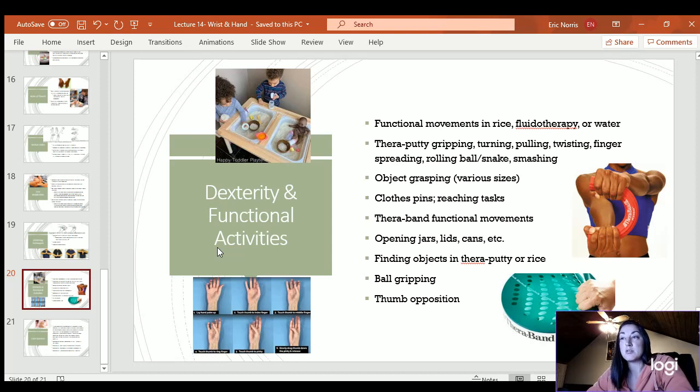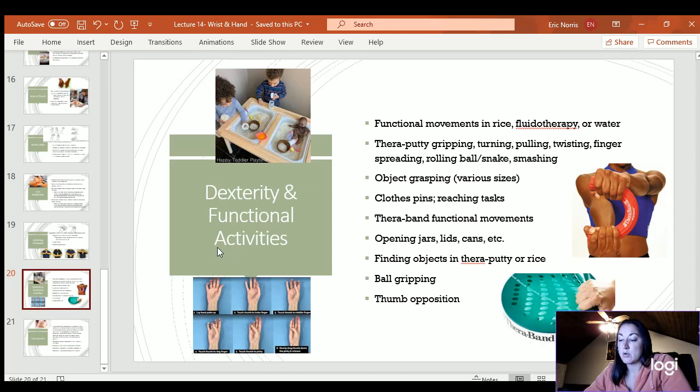You can also do Theraputty. You can do gripping, turning, pulling, twisting, finger spreading, rolling the ball, rolling a snake. You can do big smashes. All those things work different muscle groups in the hand.